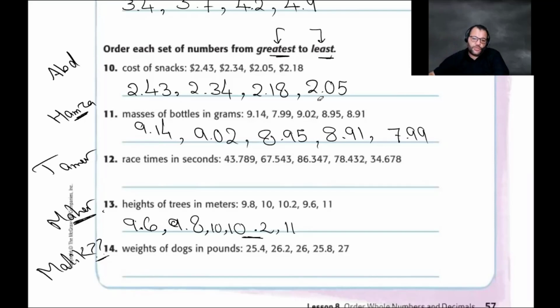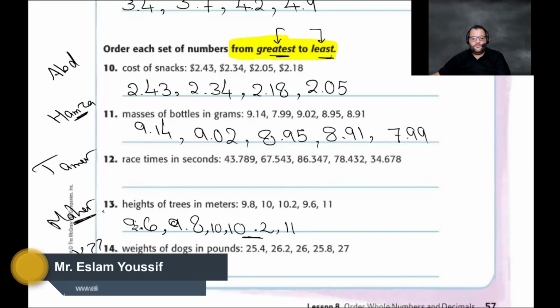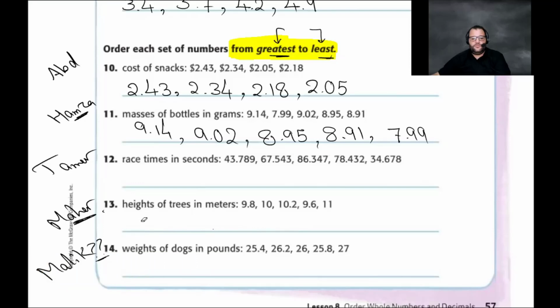I need to arrange from the greatest to the least. I need the greatest number at the first, then the smallest number at the end. 11, 10, 10.2, 9.8, 9.6.